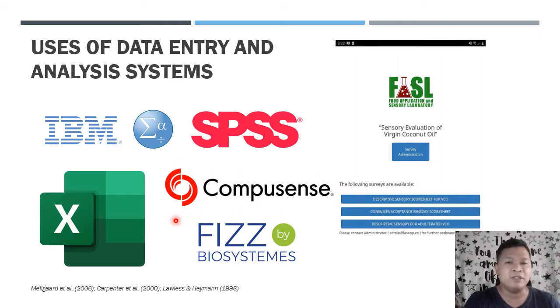Of course, there are freeware alternatives to this one. So SPSS, for example, has a freeware alternative, PSPP. It has more limited functions but has a somewhat similar graphic user interface. Spreadsheets, of course, have free counterparts, and then there are also some software for sensory evaluation that you can use.